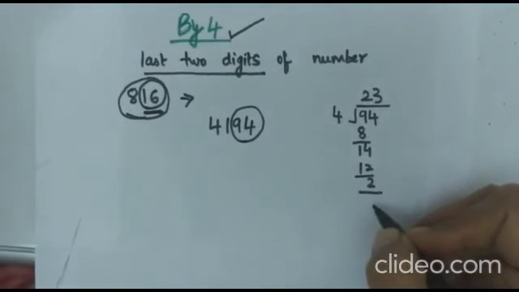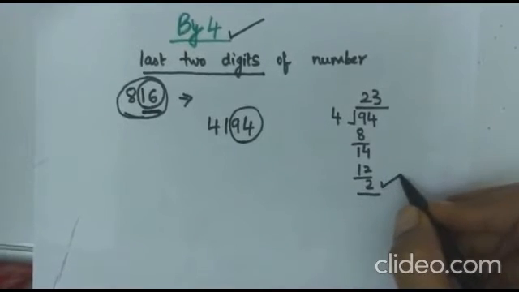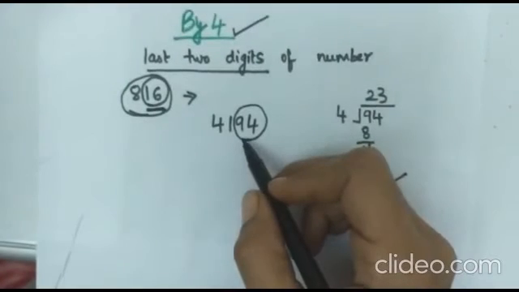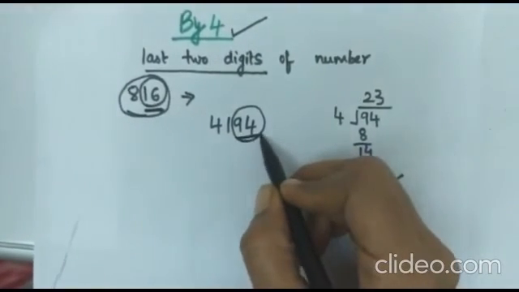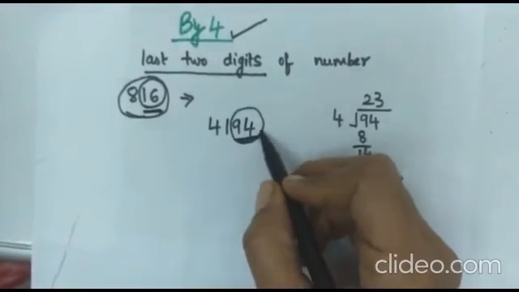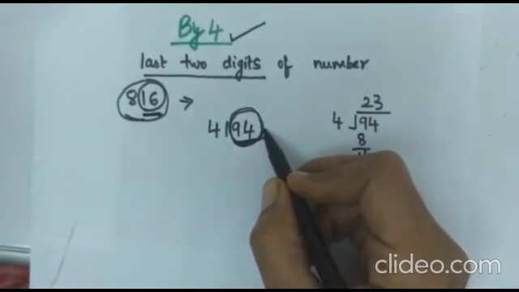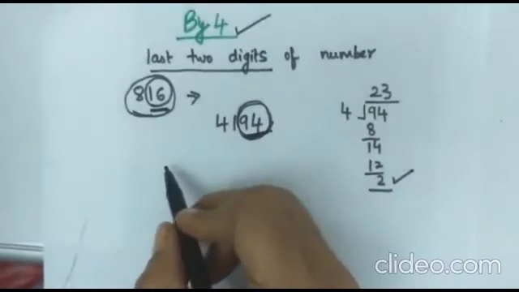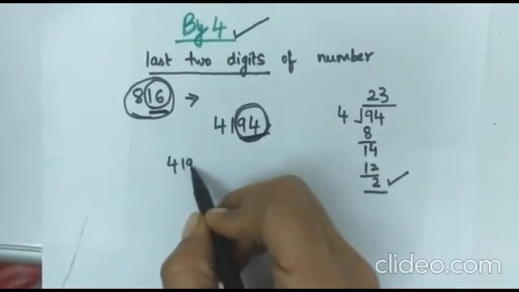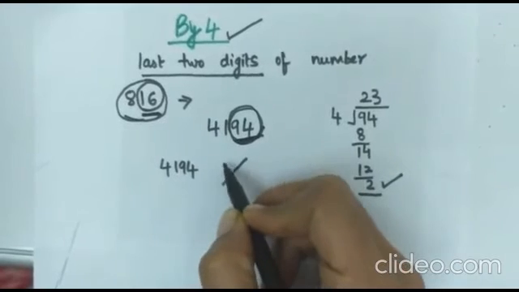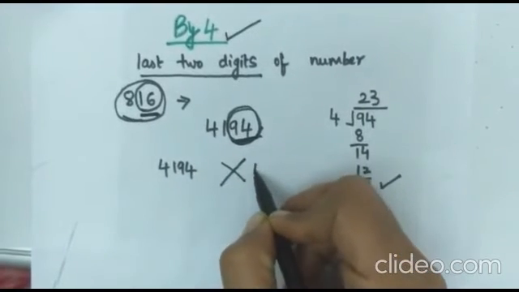No, this is not divisible by 4. Why? Because the remainder is not 0. So it means these 2 digits are not divisible by 4. So the whole number will not be divisible by 4.